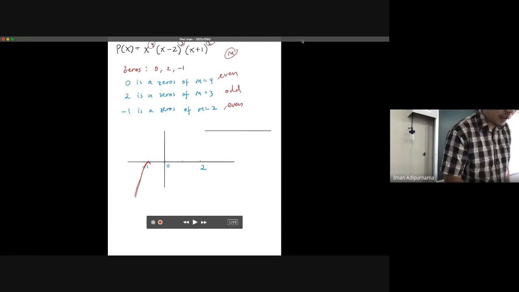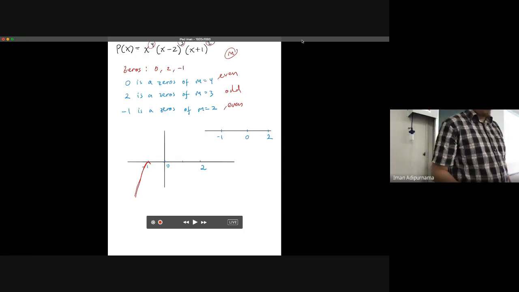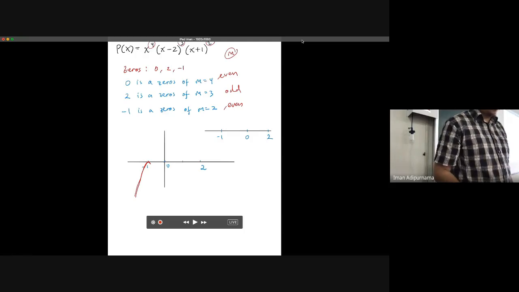We need to write the number line first: -1, 0, and 2. So before -1, let's say -2, if we plug in -2, it will be positive, right? Yeah, positive. Negative, yeah, negative, negative, positive.